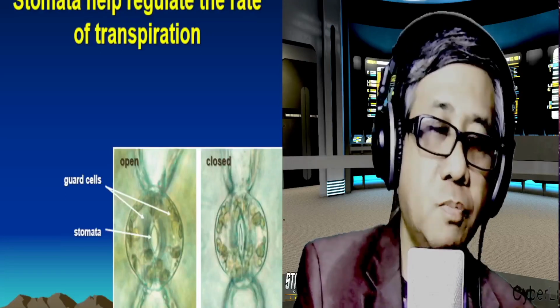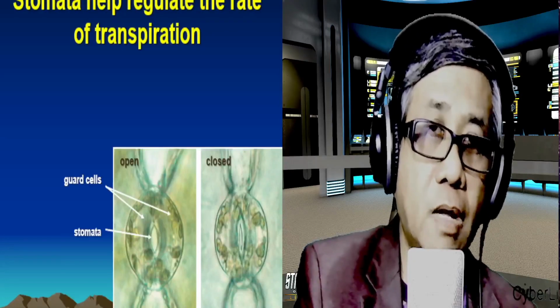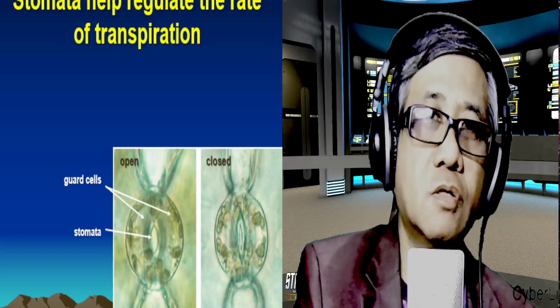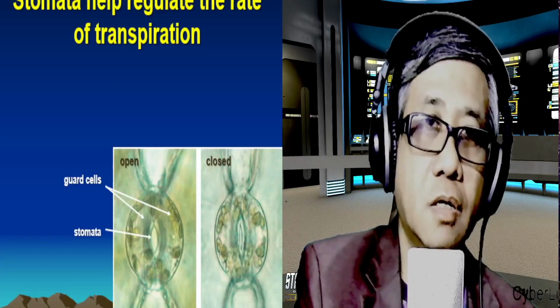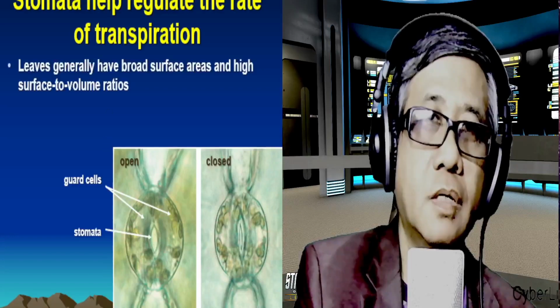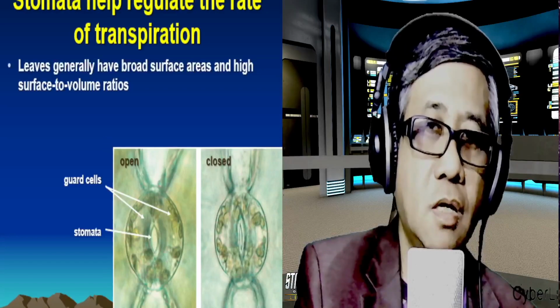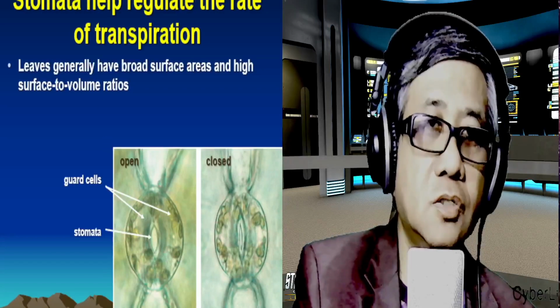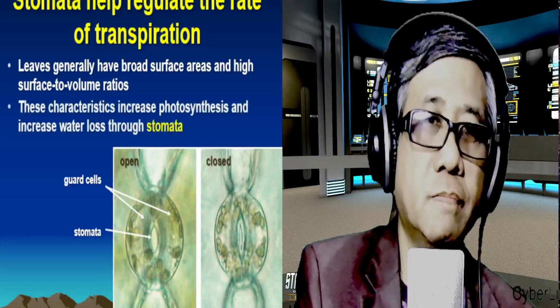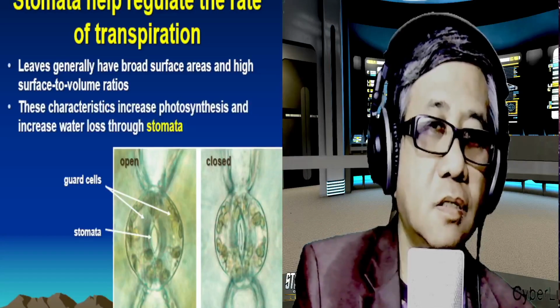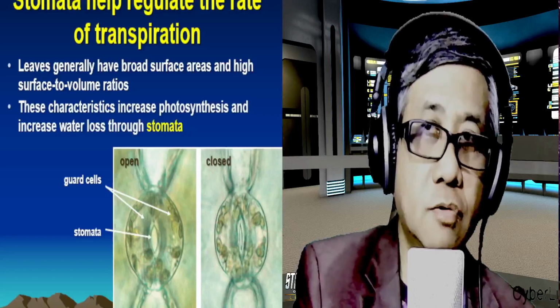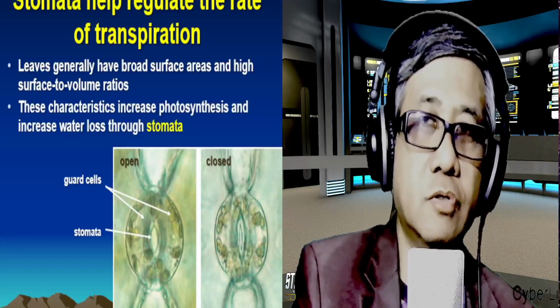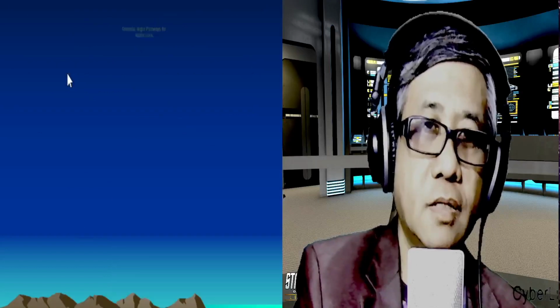Now, the transpiration of water, the evaporation of water, is controlled by the stomata. The stomata help regulate the rate of transpiration. Leaves generally have broad surface areas and high surface to volume ratios. These characteristics increase photosynthesis, and this will also increase water loss through the stomata.